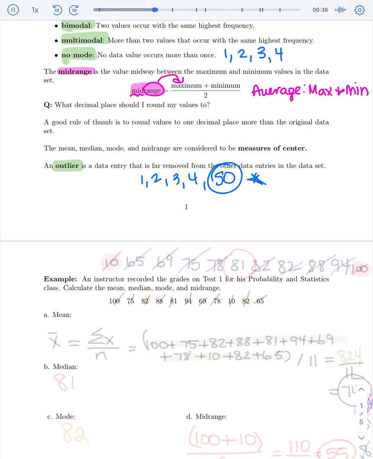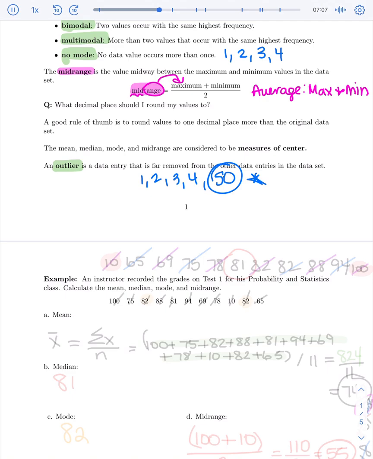Usually when you're dealing with data, you remove outliers because they are so far off the rest of your data that if you include them, they will skew your results. But some people believe you shouldn't get rid of outliers because they're there for a reason. It just depends. So let's take a look at a couple of examples where we're given an entire data set and we're asked to find the mean, the median, the mode, and the mid-range.